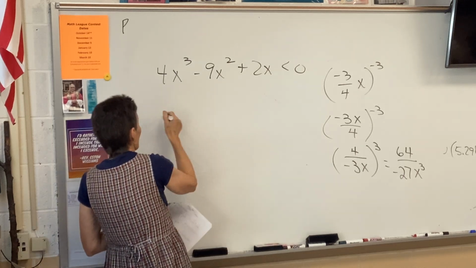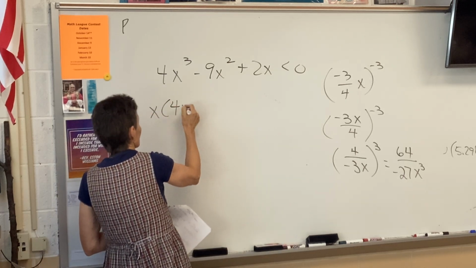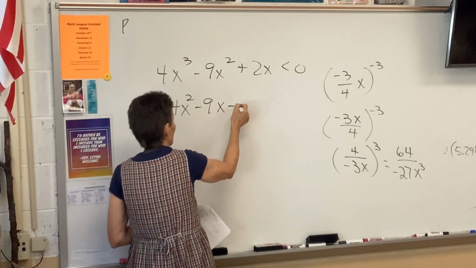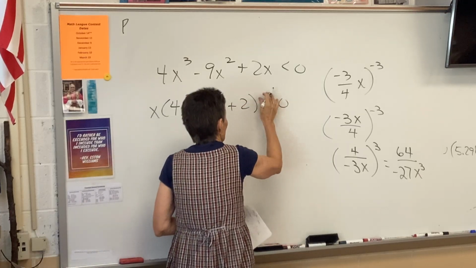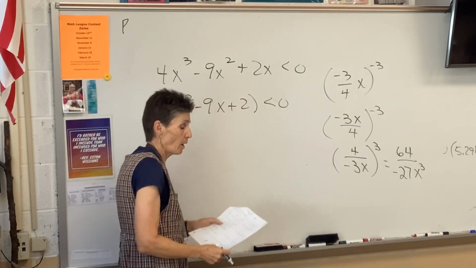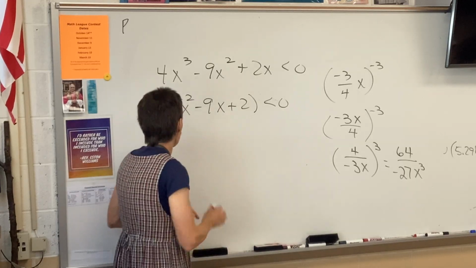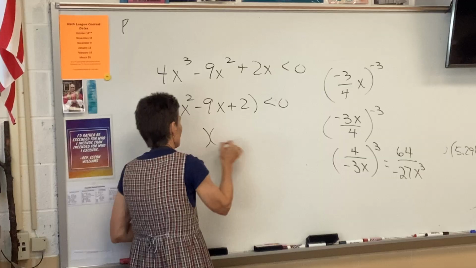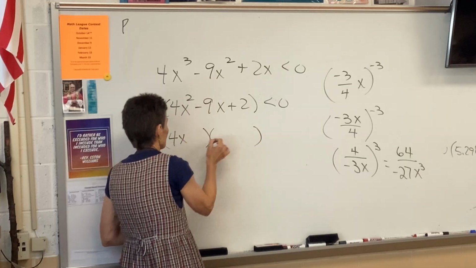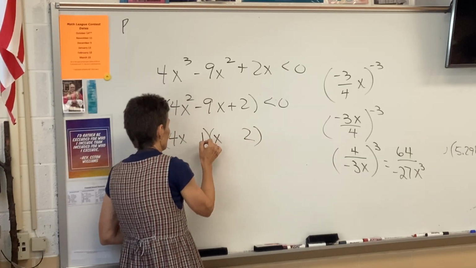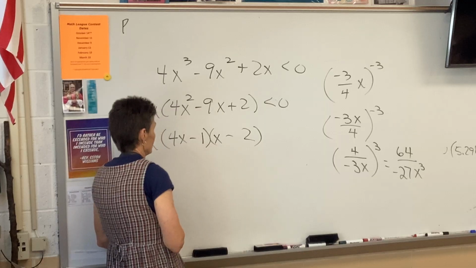So I can take out a GCF. And then I have a quadratic, just like the problem I just erased here. So I'm gonna factor that. I think it looks like it's going to factor. Yeah.